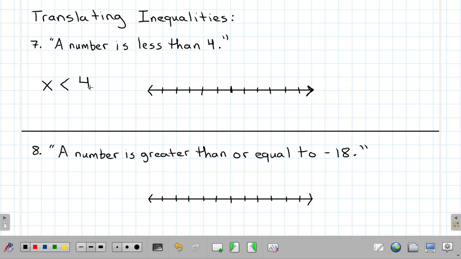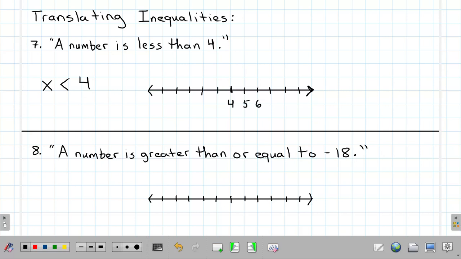Okay. So in this situation, that's exactly what it's saying. If we read this out loud, we would say X is less than 4. So it's saying the exact same thing as what they have in words up here. A number X is less than 4. So to graph this, we do the same thing.